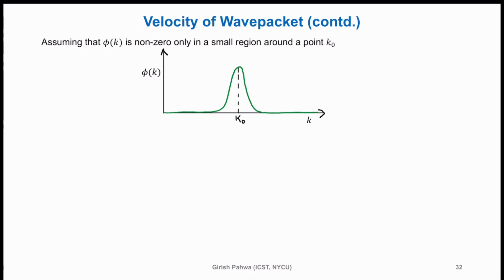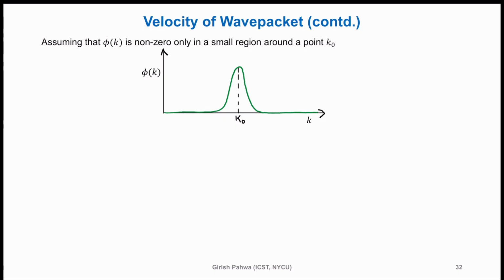What will happen if the velocity of all of these waves are too different from each other? I have many traveling waves which are traveling with very different velocities. What will happen? They are going to disperse. So you won't see a wave packet then.